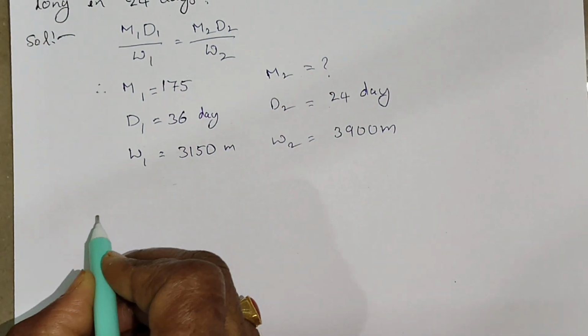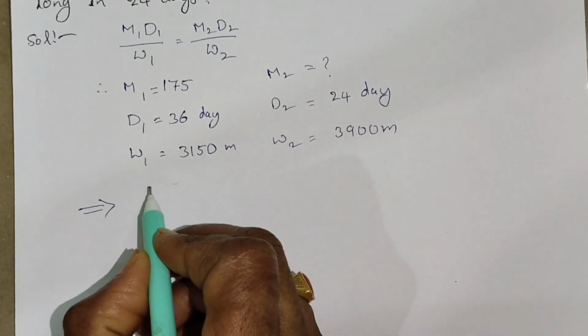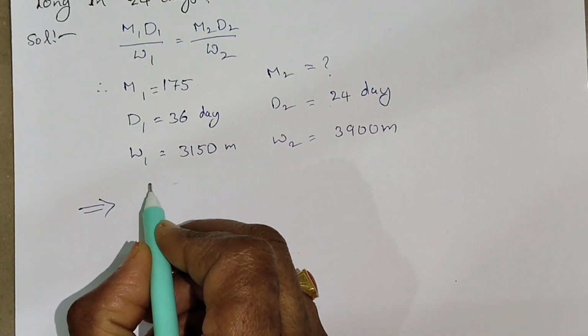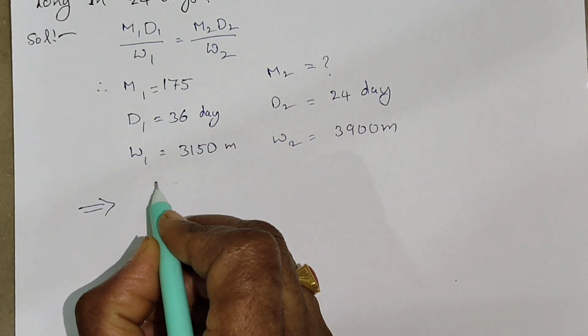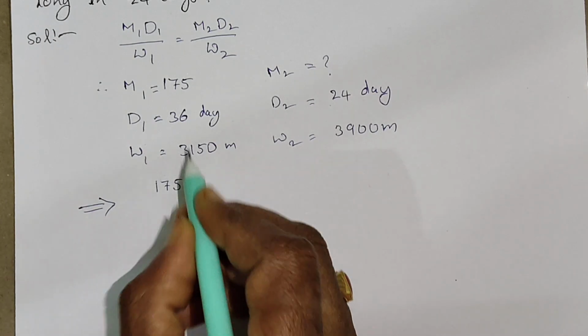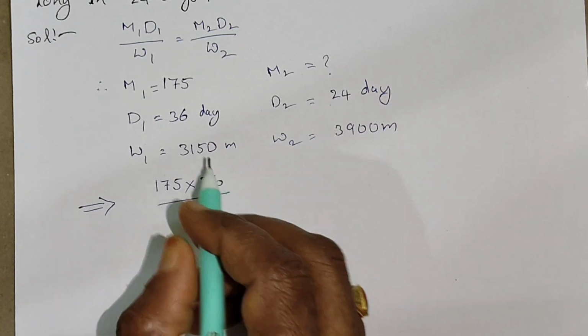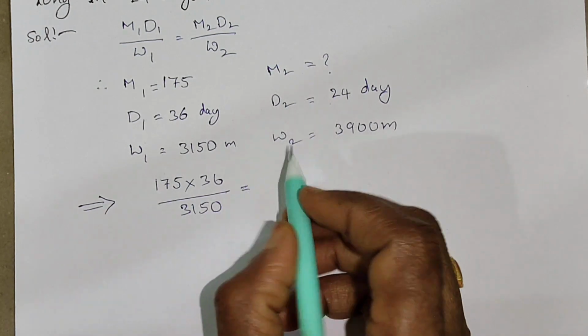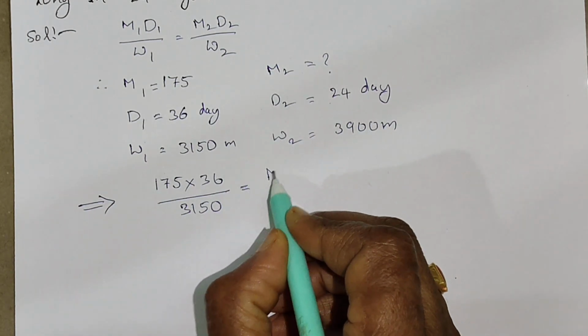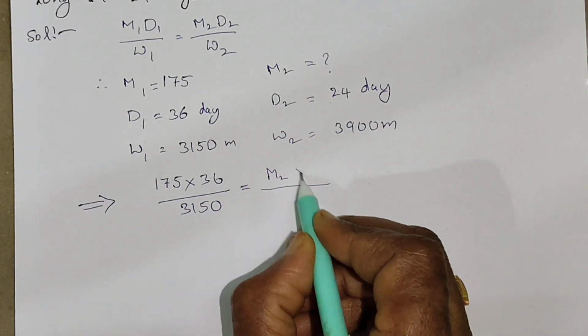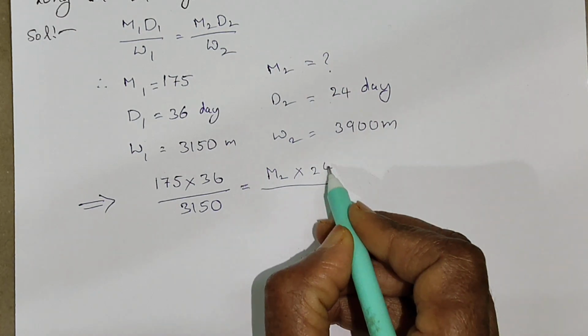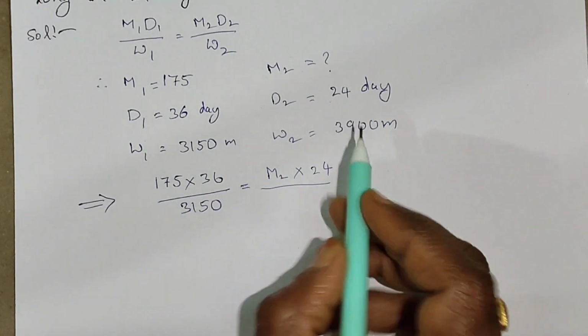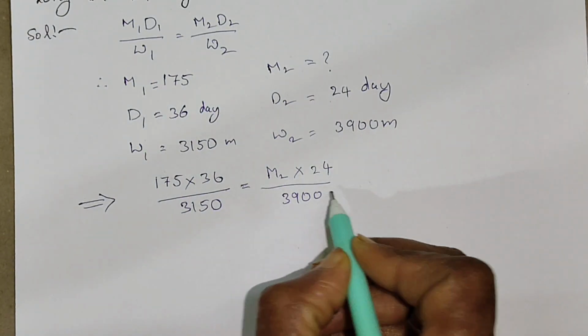So we write M1 equal to 175 into D1 equal to 36 by W1 equal to 1350. M2 we find, so we write M2 as it is, into D2 is equal to 24 by W2 is equal to 3900.